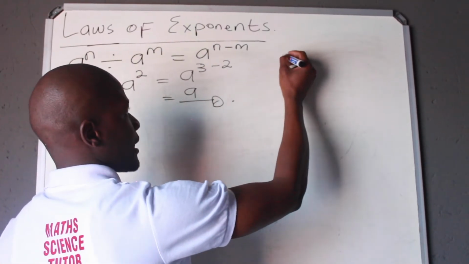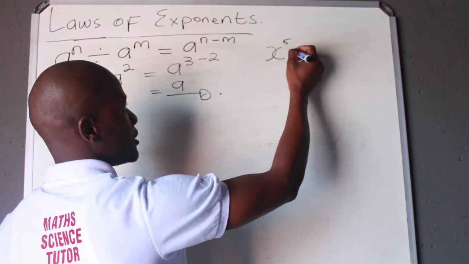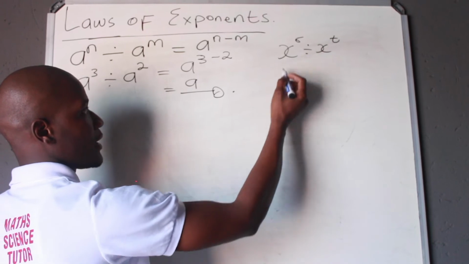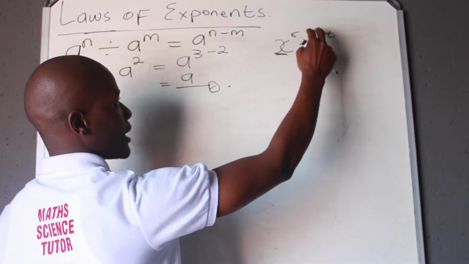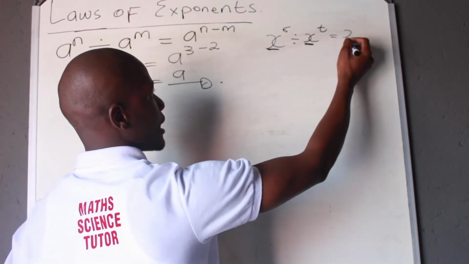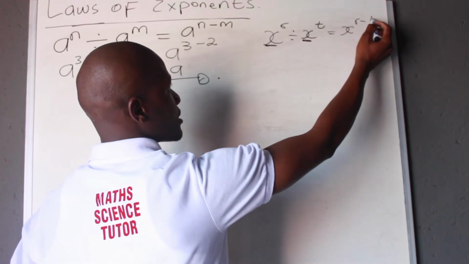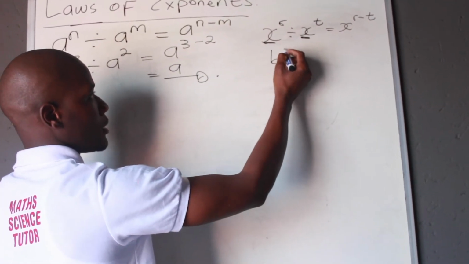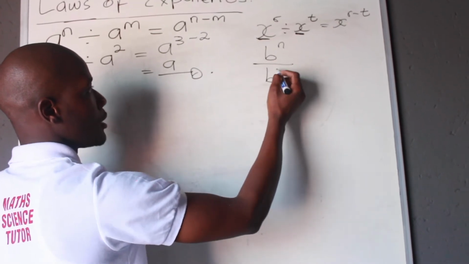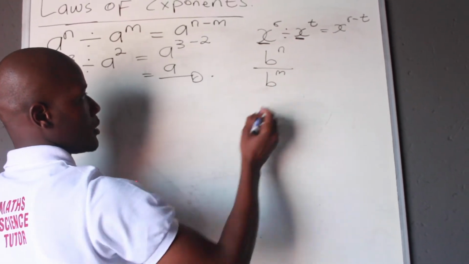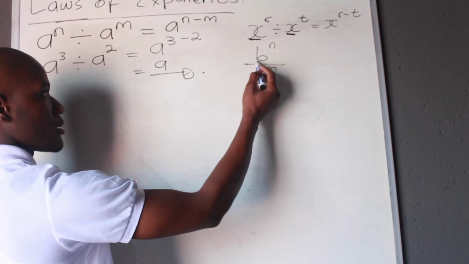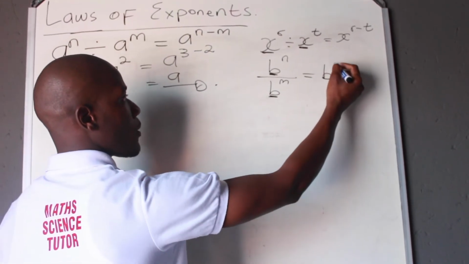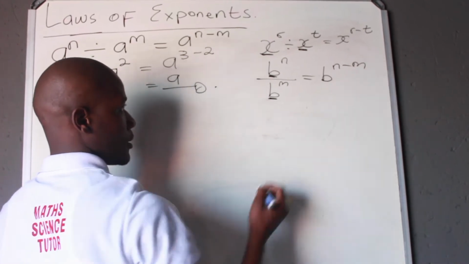So x to the power r divided by x to the power t: when we divide the same base, we subtract the exponents, it is x to the power r minus t. b to the power n over b to the power m is b to the power n minus m.